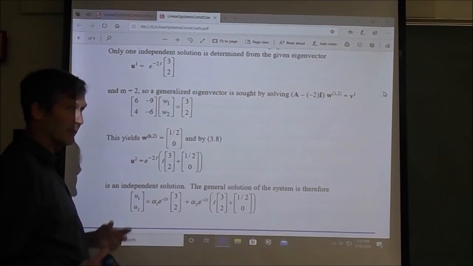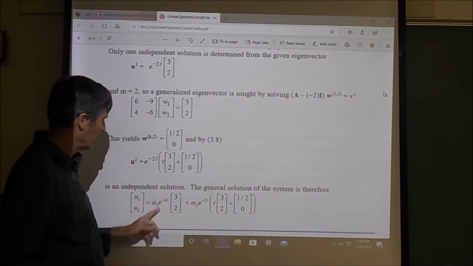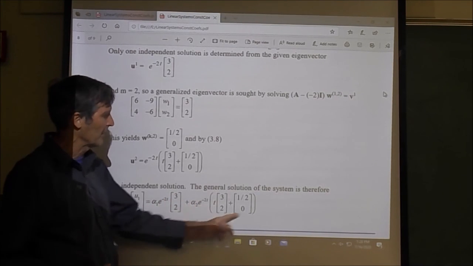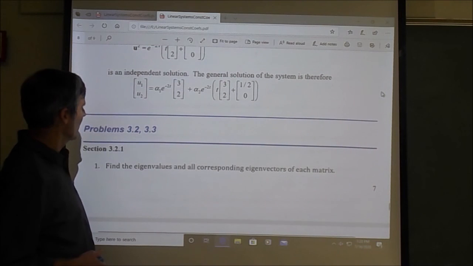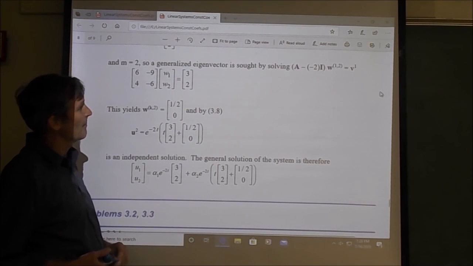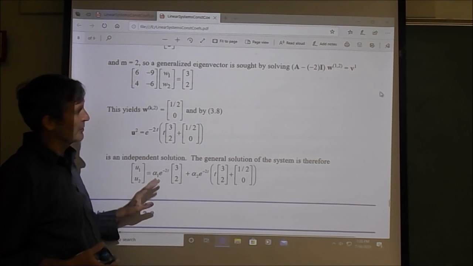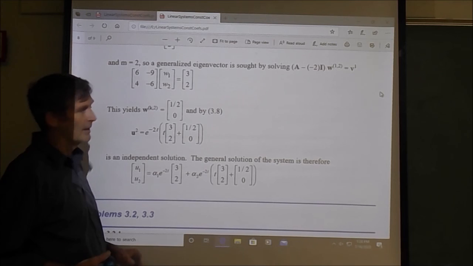Now that we have two linearly independent solutions, we remember from the theory at the beginning that alpha 1 times one solution plus alpha 2 times another is the general solution. That's what you do when you have two equal eigenvalues, and it happens to be that there's only one corresponding eigenvector.